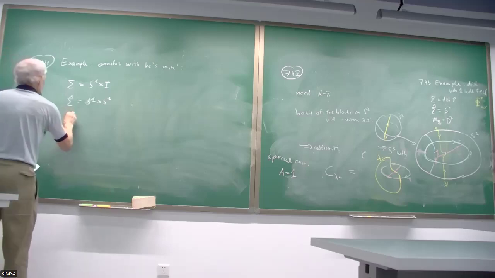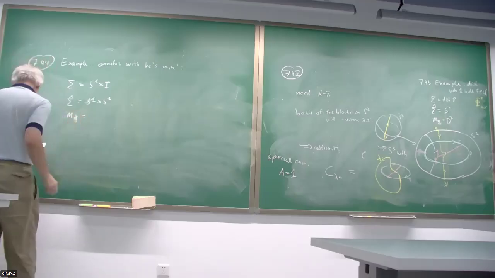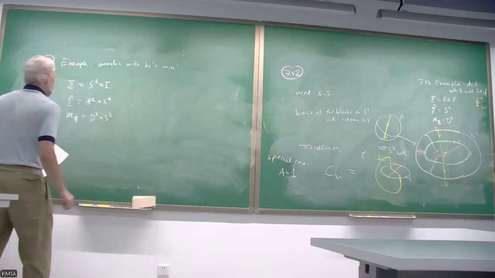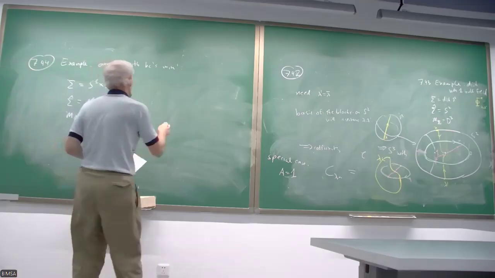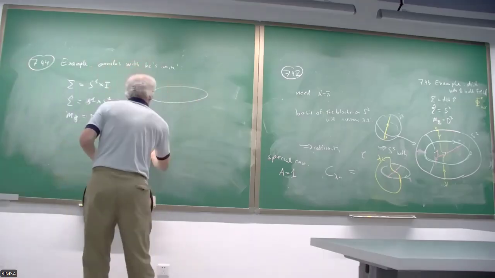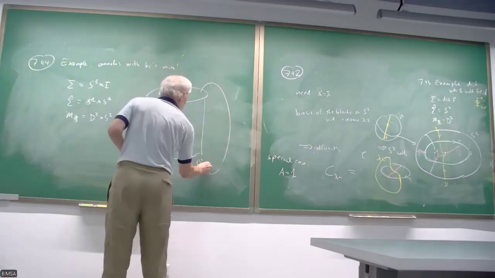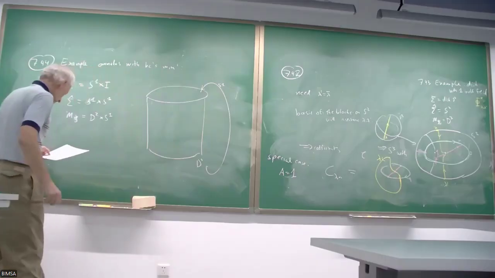And sigma hat M is then again a disk times S1, so it looks like the cylinder. So here I have my disk, and the S1 is again identifying bottom and top.